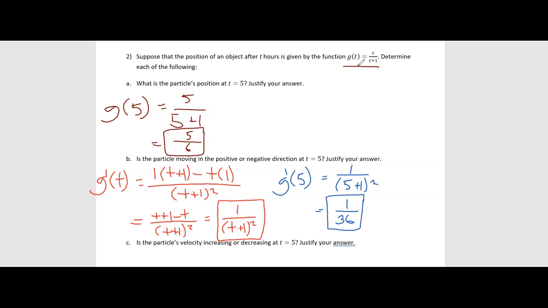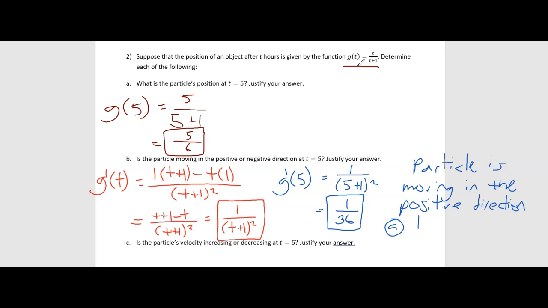So if our derivative is positive, then that means our original function is increasing, which means we'd be moving in the positive direction. So the particle is moving in the positive direction at t equals 5.